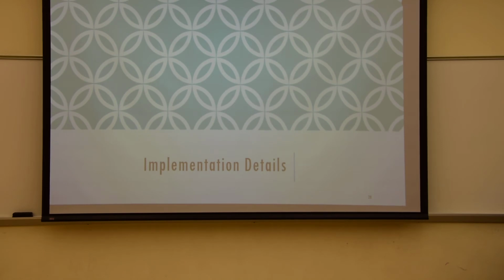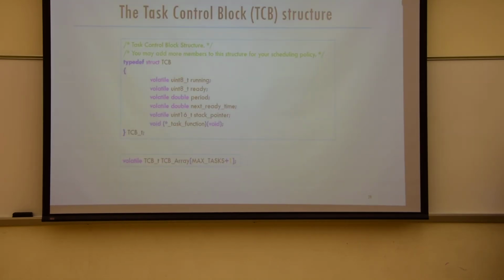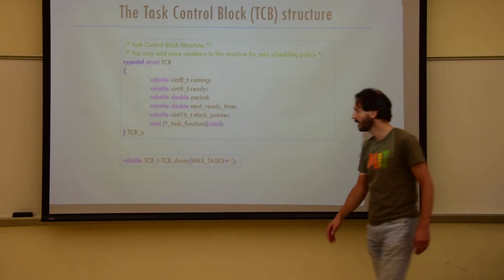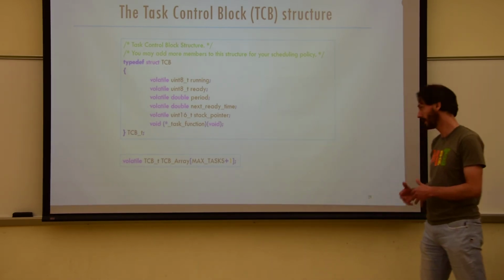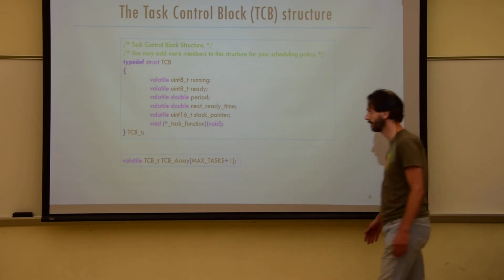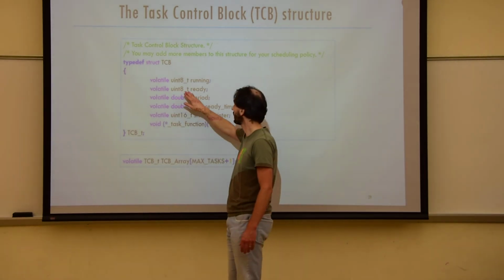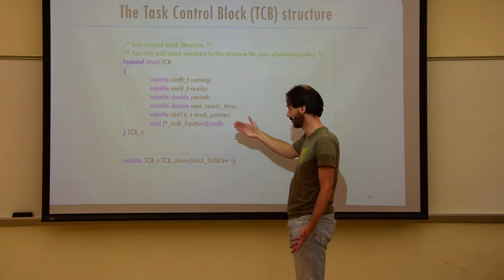Now we're going to talk about some implementation details. In the code that you will have in your assignment, you will see all these kinds of structures. Here we have a task control block structure.